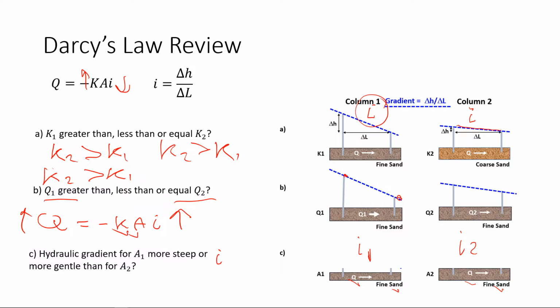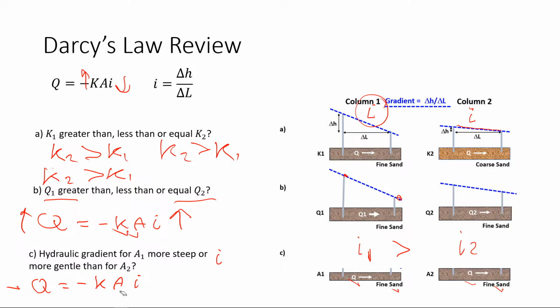So obviously, I1 would be steeper than I2. Why? Because you have much more energy loss, since you have a small area and you are squeezing the flow here. Q is equal to negative K A I. Q is the same, K is the same.